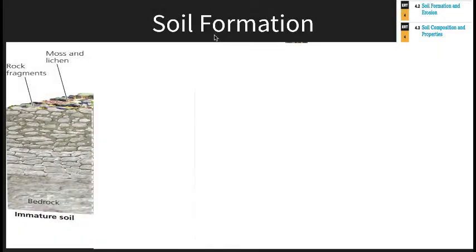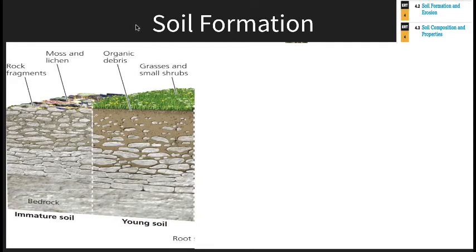How is soil formed? Soil is formed through a very long process of weathering bedrock. The bedrock weathers, breaks apart. Mosses and lichens grow on top and decay and break down the rock itself, and we start to form organic debris and an organic layer, just like we talked about in primary succession.